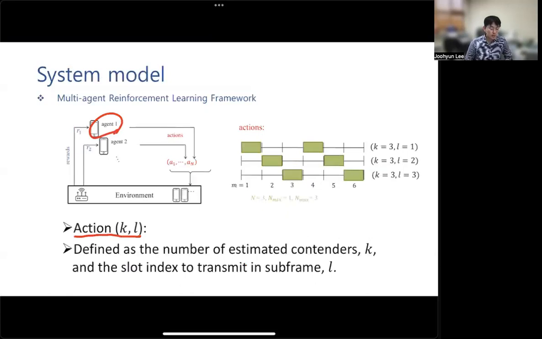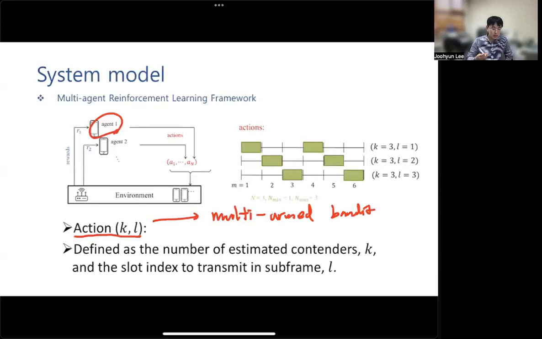So this problem, as an agent, can be modeled as a multi-armed bandit, because here we don't have any state concept, or there is only one state for this problem of each agent. So we want to solve this problem using some multi-armed bandit algorithm.